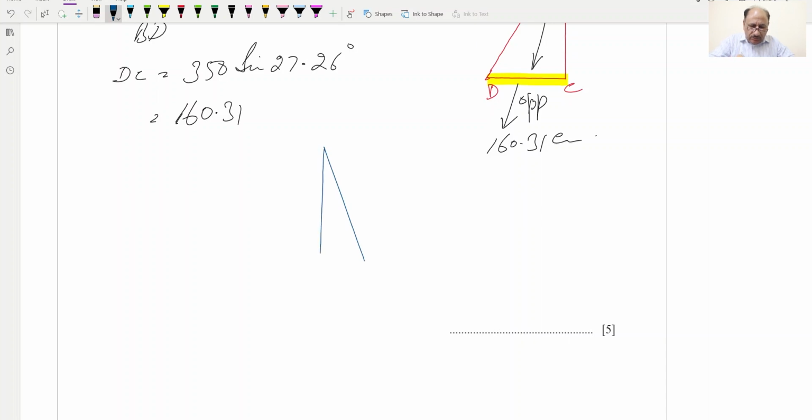One triangle is this, and the second triangle will be like this one.